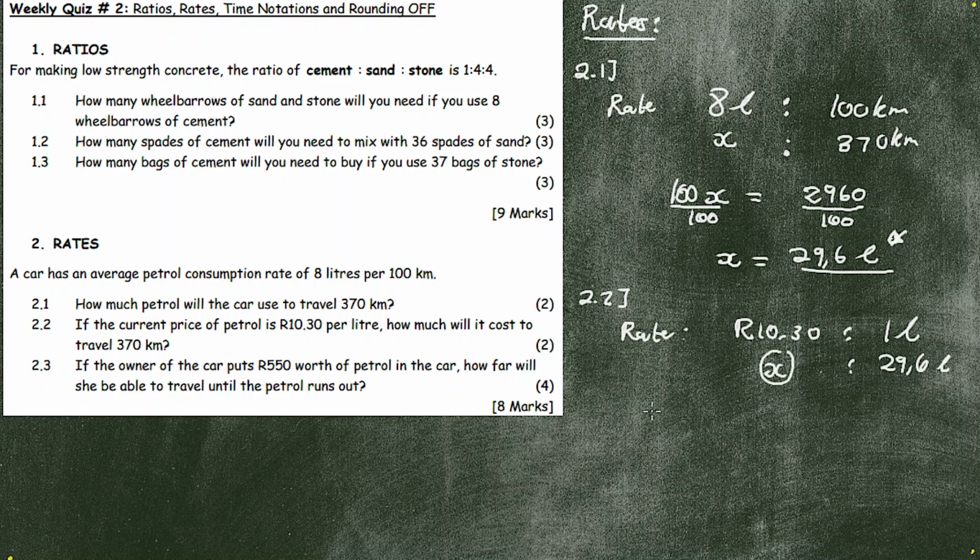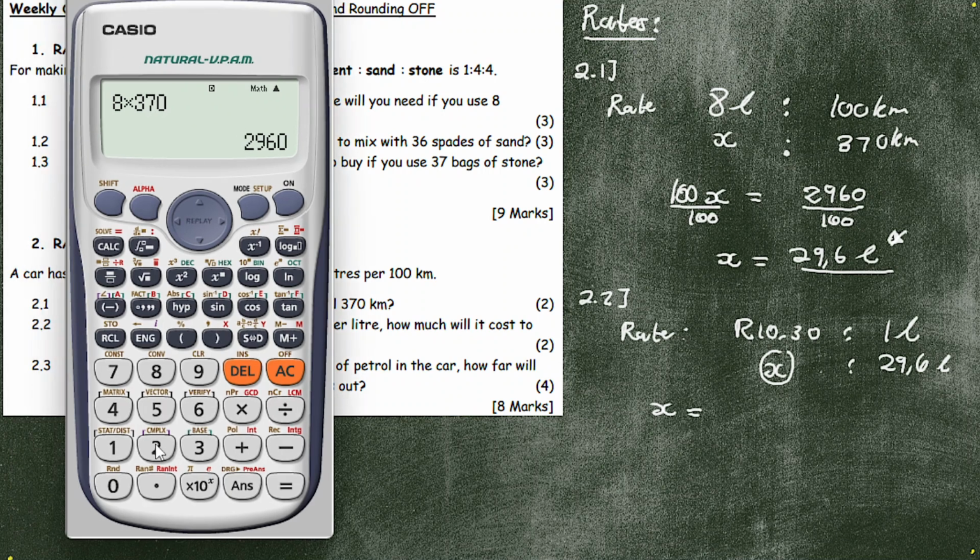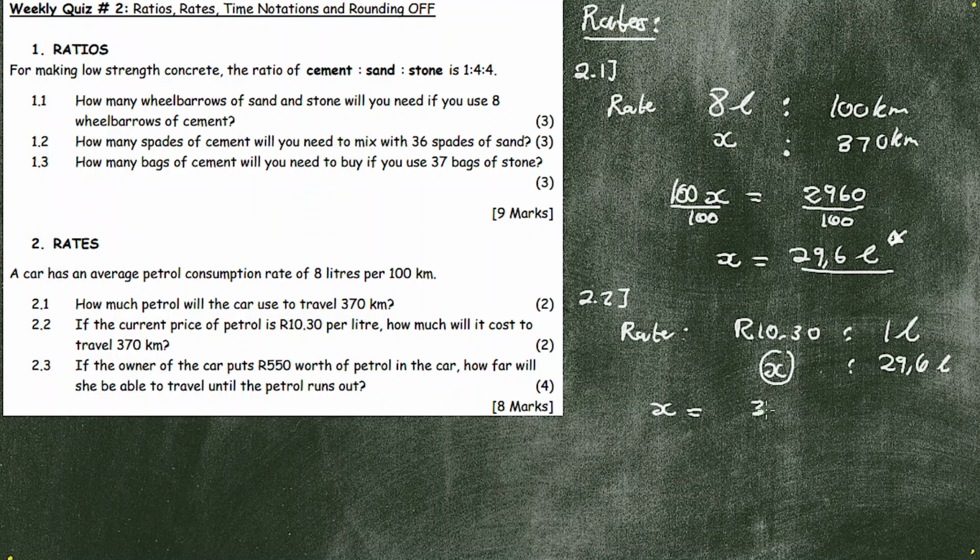Then I cross multiply. 1 times x, that's x. 10.30 multiplied by 29.6. 29.6 times 10.30. Answer: 304.88 rands. So this is how much it would cost to travel 370 kilometers at this current price of petrol.